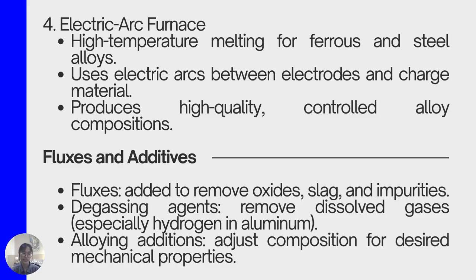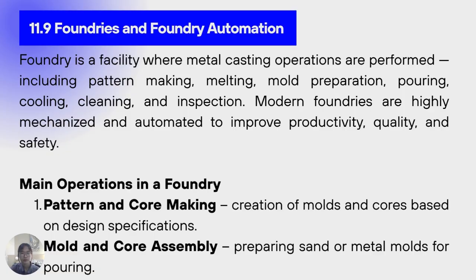Then there is the electric arc furnace. It generates high temperature with electric arcs, used for steel and high alloy metals. Good melting practice ensures consistent alloy chemistry, minimizes oxidation, and reduces defects. It emphasizes that temperature control and cleanliness are vital for achieving sound, high-quality castings ready for pouring.